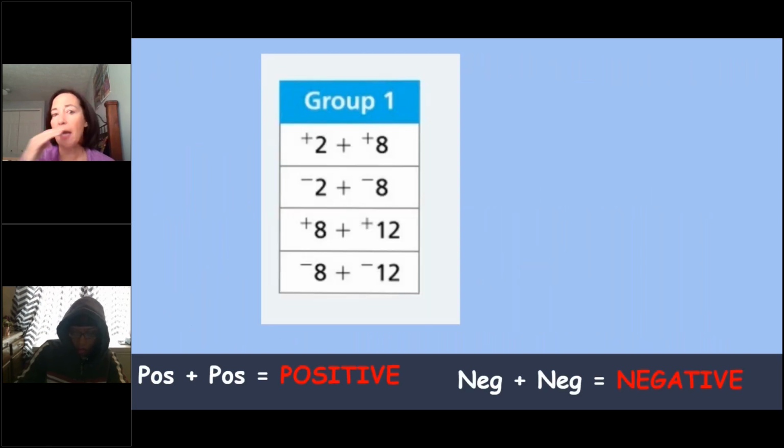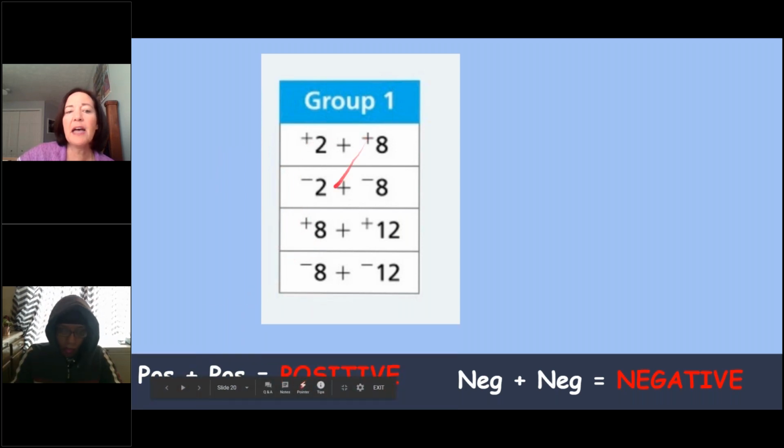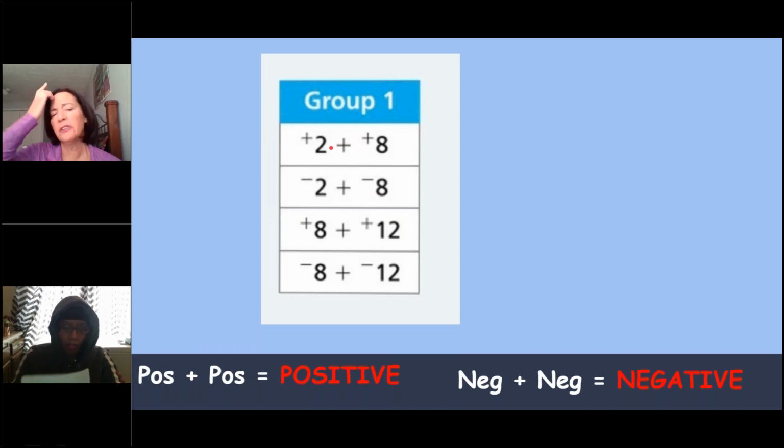So we're going to practice that. We're going to do the same problems, but this time we're going to be using the algorithm to do them. So this first group is positive plus a positive, or negative plus a negative. So we would just add the absolute values. So Lana, what does 2 plus 8 equal? 2 plus 8 equals 10.